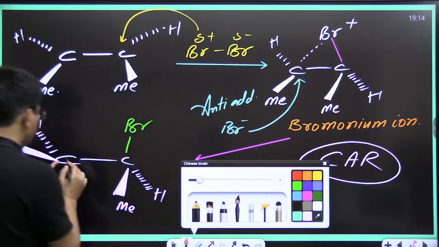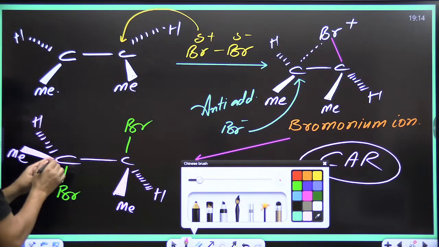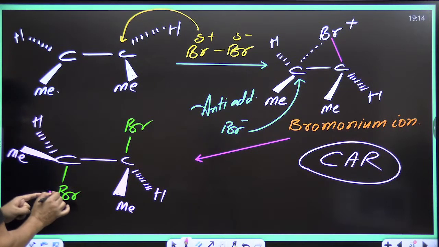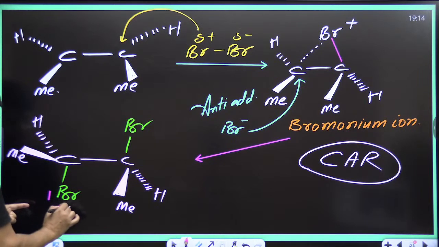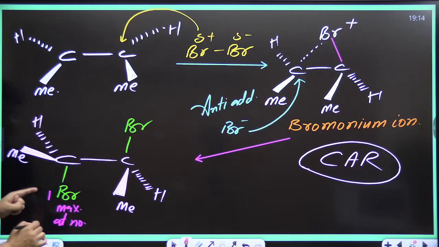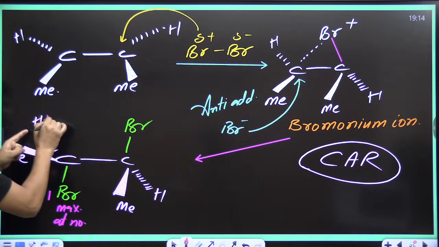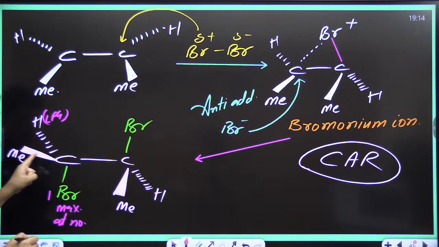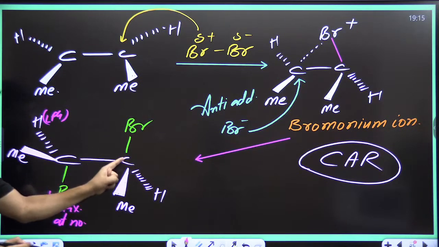Let's see the first carbon. Let's apply the CIP rule. Number one, we will give to bromine. This has maximum atomic number. After this is the least priority group because of minimum atomic number. This is carbon, that is carbon. This carbon is attached with hydrogen, that carbon is attached with bromine.